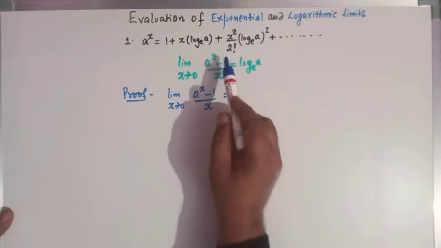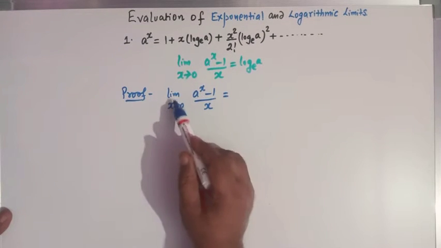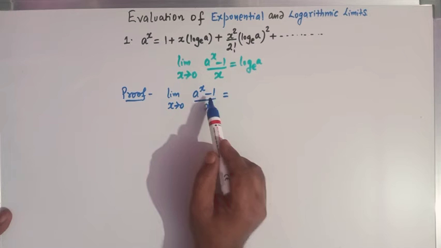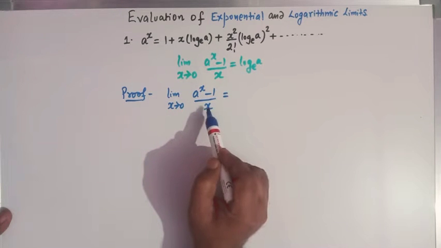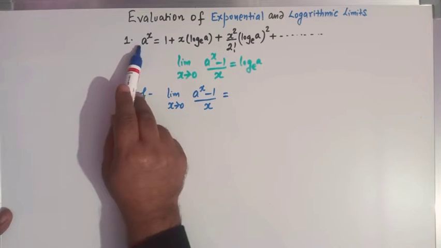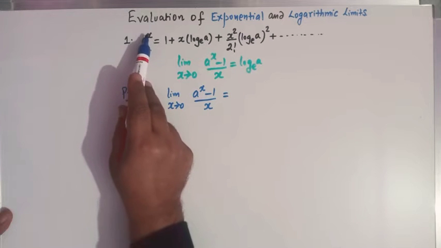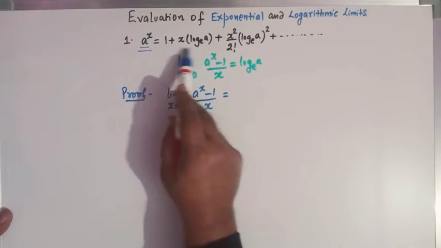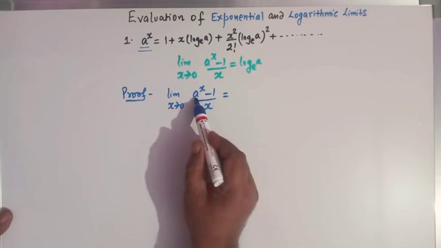Now let us take this expression, that is limit x tends to 0 of a raised to x minus 1 divided by x, and let us substitute this series for a raised to x in this expression, right?